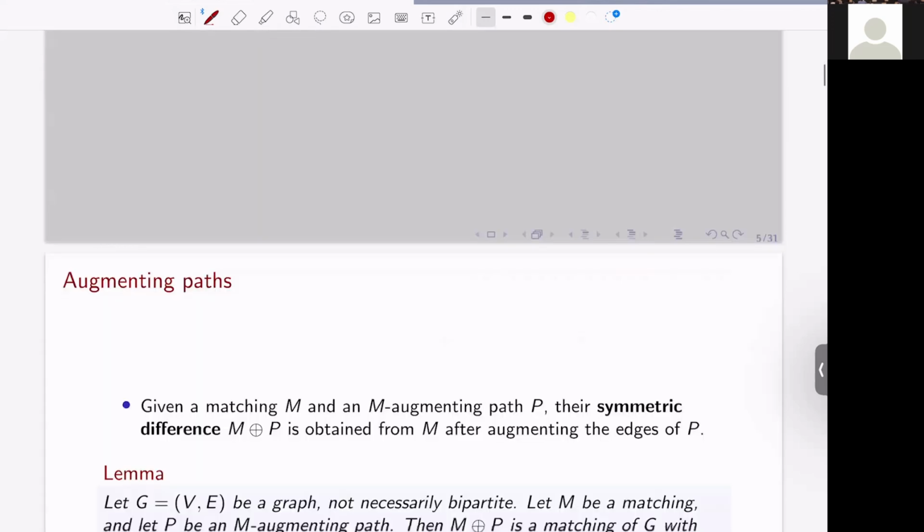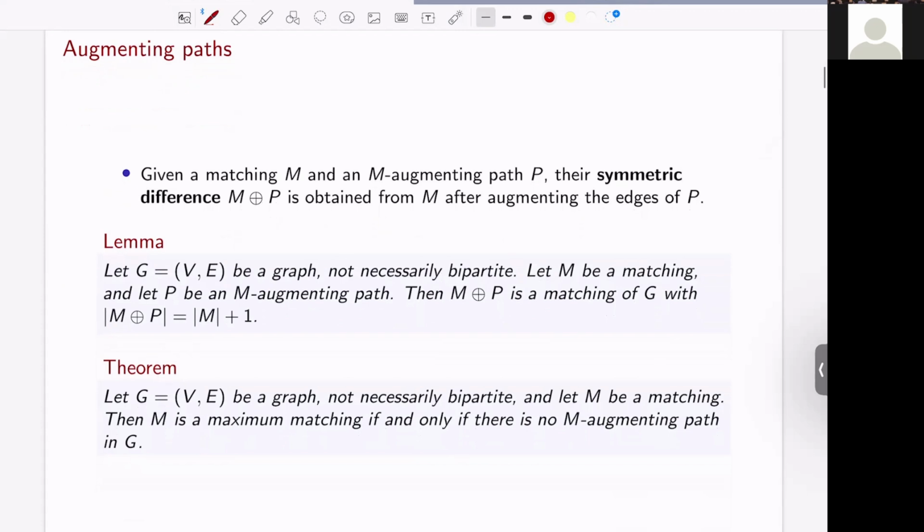What's more important is the following: if you have a maximum matching, then there's no augmenting path. If there's an augmenting path, we know there's a better matching, so the current matching is not optimal. But the converse is also true: if there's no augmenting path, then the current matching is maximum.